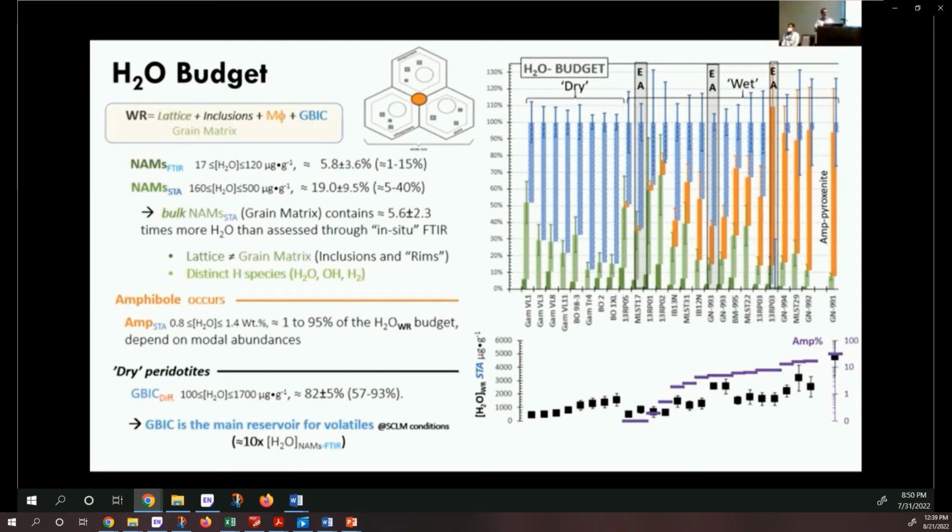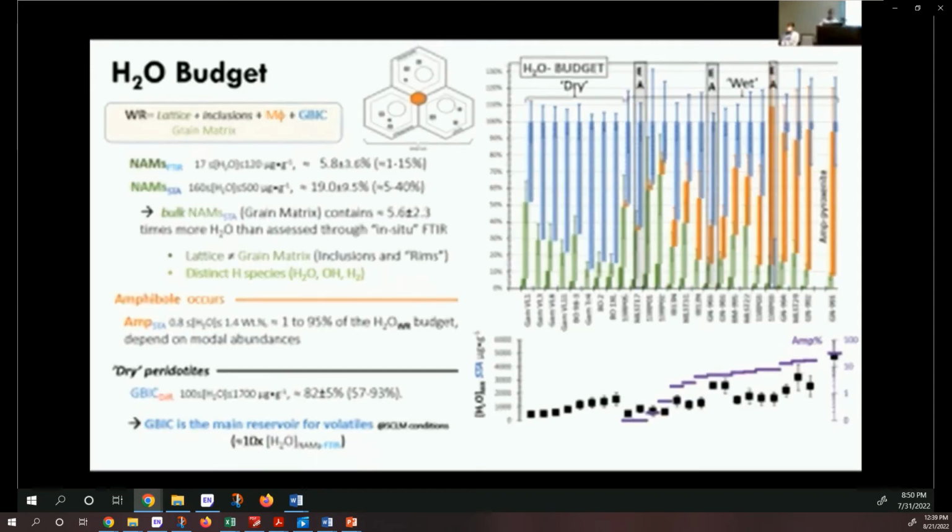This discrepancy between these two measurements is not in fact that surprising, because we are not looking at the same site and at the same speciations. Indeed, when you are measuring mineral fractions, of course you will include melt inclusions and fluid inclusions. They could be micro or nano, and that will contribute to the bulk water of the grain matrix.